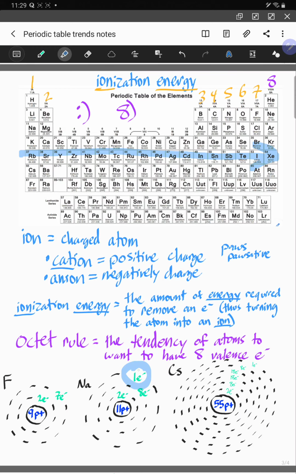So sodium only has 3 energy levels, and so it's going to have a stronger pull on this electron than the nucleus of cesium will have on this outermost electron here, because it has 6 energy levels away instead of just 3.